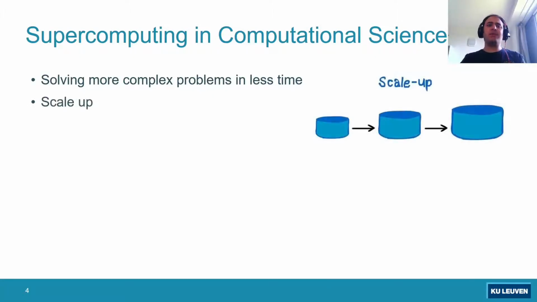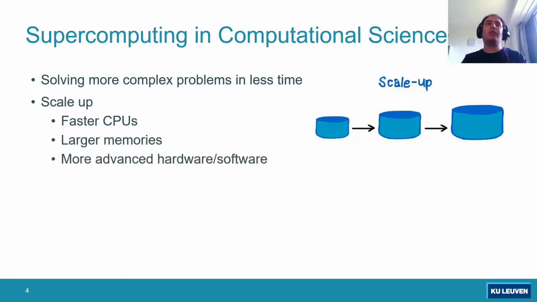And for doing that, one common solution, which comes from common sense actually, is scaling up. Scaling up means that we employ faster CPUs, larger memories, or more advanced hardware and software tools. In this way, you can easily increase the performance of applications without modifying the software, because you scale up the equipment.